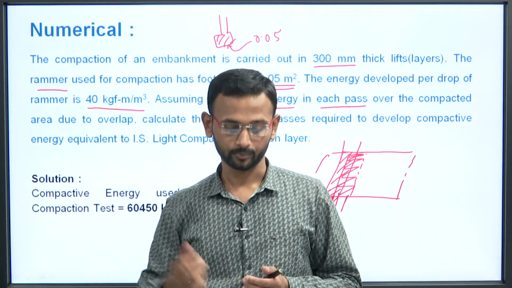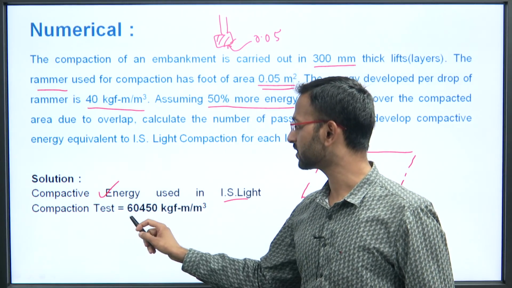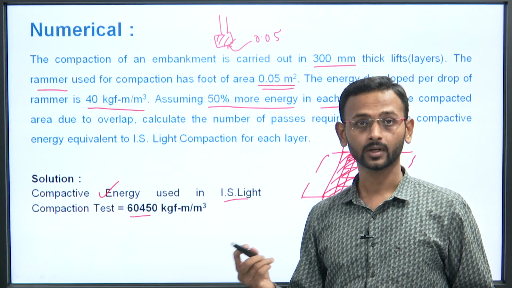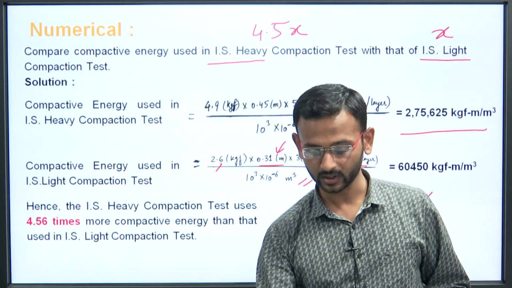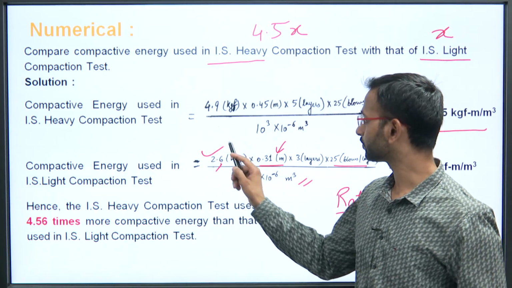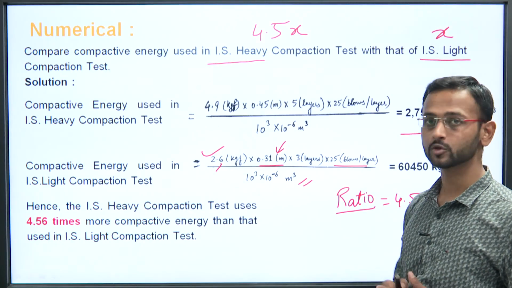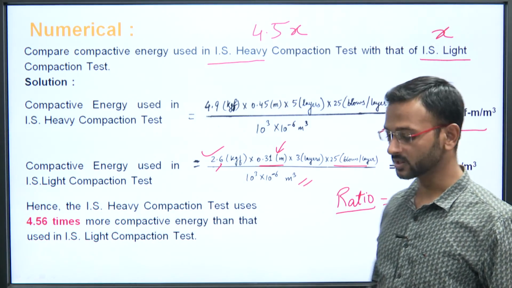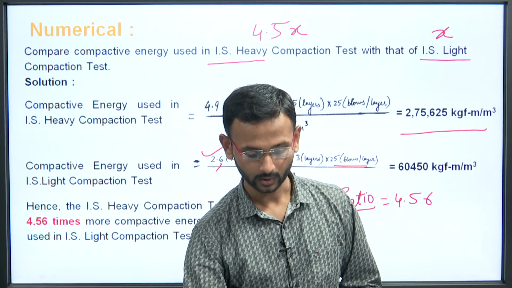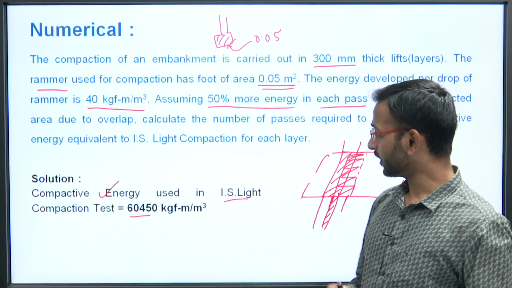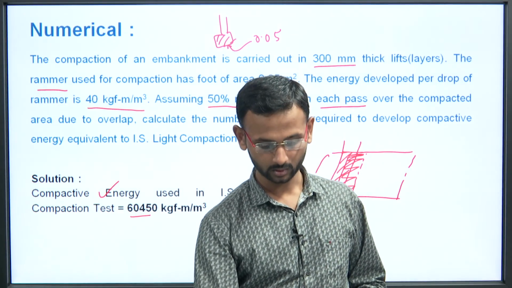Now you already know that the compactive energy used in the IS light compaction test is 60,450 kilogram force meter per meter cube. In the previous numerical you have already seen this: 2.6 kilogram force into 0.31 meters into 3 layers into 25 blows per layer divided by the volume, that is 1 meter cube, that is 10 to the power 3 into 10 to the power minus 6 meter cube. So the value comes out to be 60,450 kgf meter per meter cube.